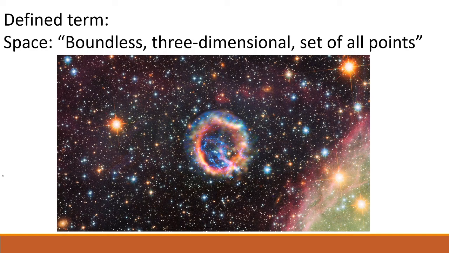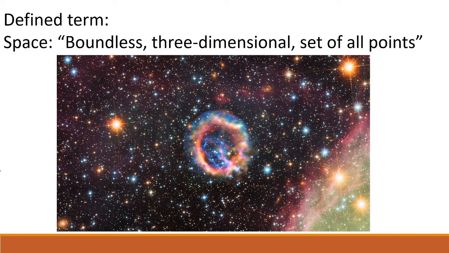So space is what we call a defined term. A defined term is a term that is described using undefined terms. Line, point, figure, plane, those are undefined terms. Those are terms that we can't really put a definition on in geometry. We have to use examples or figures to demonstrate. Space we can define using those terms.